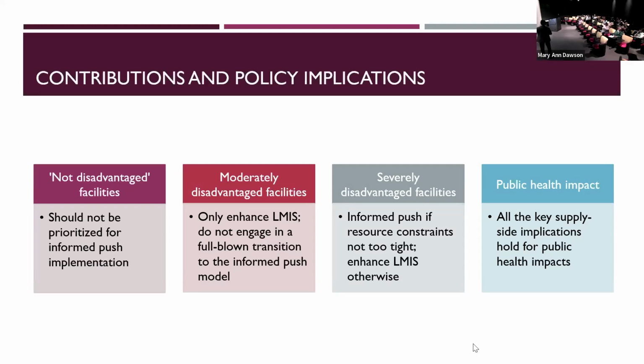If you are moderately disadvantaged, so you are better off in one dimension but you don't have, let's say, good road infrastructure, for those kinds of facilities, just enhance LMIS practices, don't do a full-blown transition to the informed push model. And if you're a severely disadvantaged facility, go all in and do a full-blown transition rather than just enhancing the LMIS practices. The other implication that we have is that whatever benefits we see on the supply side also transfer over in terms of public health impacts.